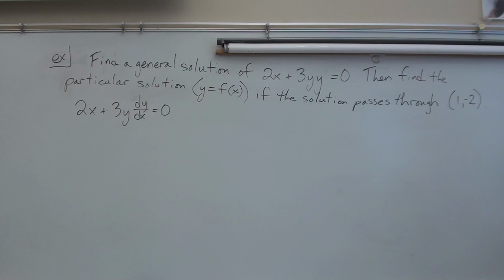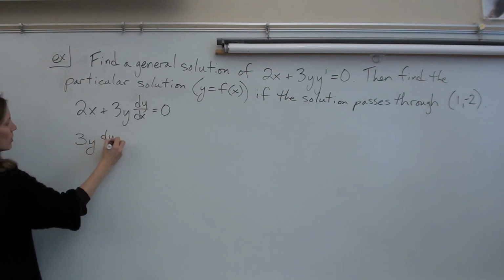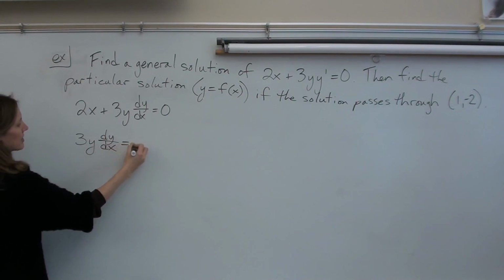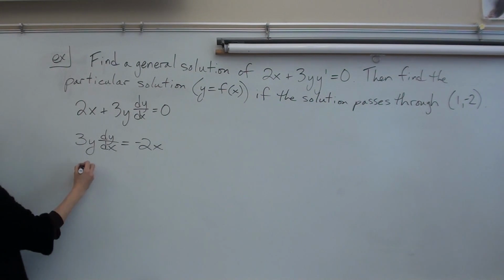How are we going to do that? What should we do? Subtract the 2x. Subtract the 2x, right? Because then we've got something where we can multiply and divide, not add and subtract. So there we go. Very last thing we need to do, multiply by dx, right?